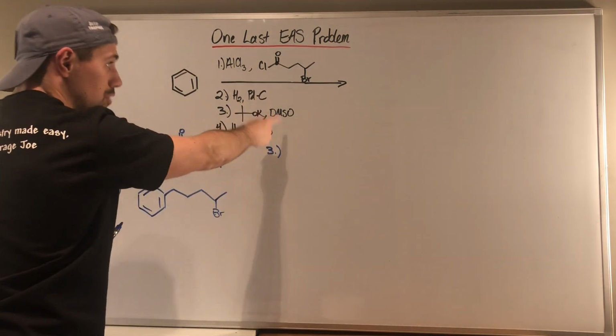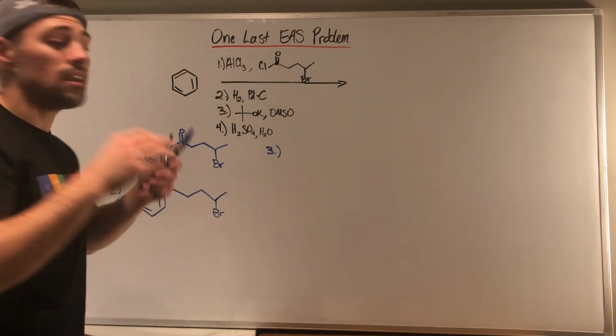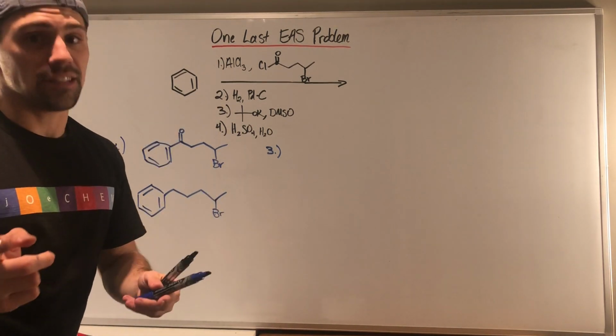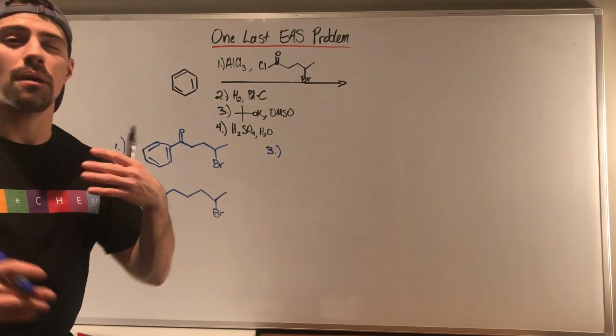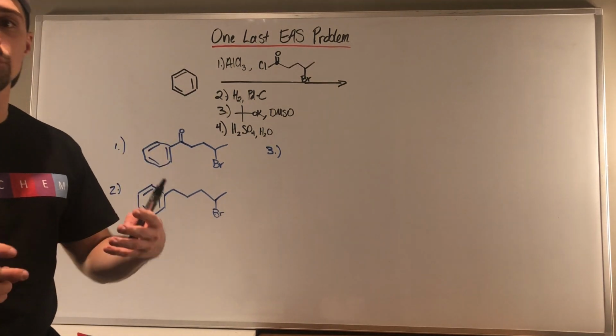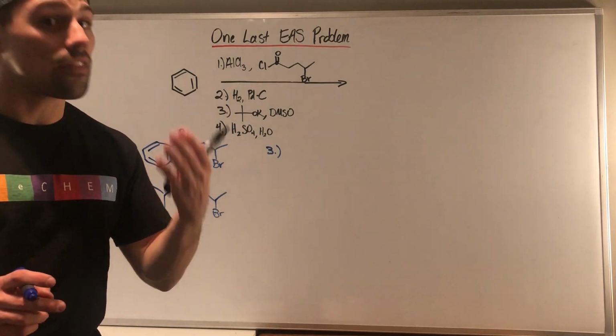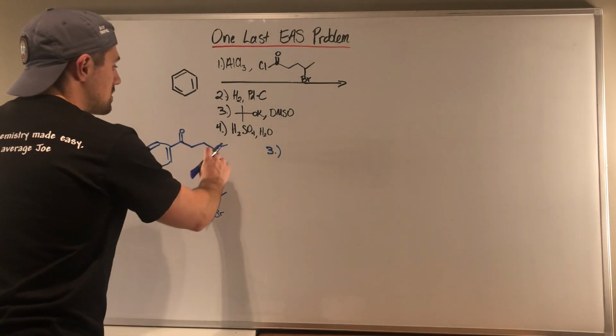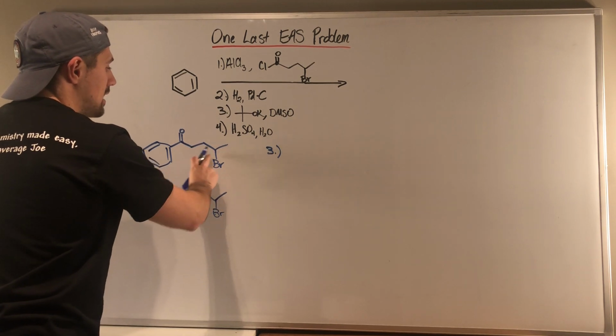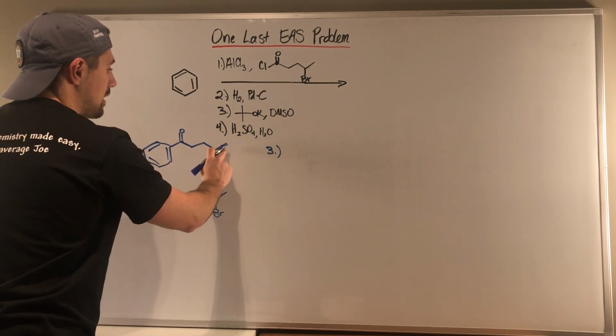So this is screaming to me E2, but not just any E2, right? It's E2, but we're gonna get the Hofmann product. And remember, the Hofmann product is we're gonna make the least substituted alkene, not the most substituted. So we're gonna do E2, but instead of making our double bond between the secondary and secondary carbons right here, we're gonna use secondary primary.